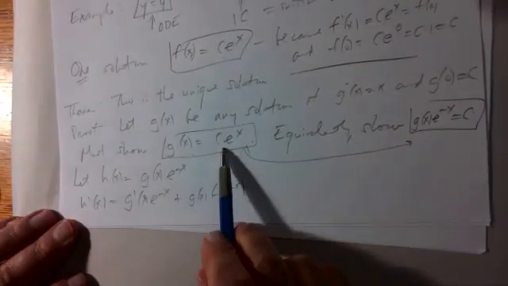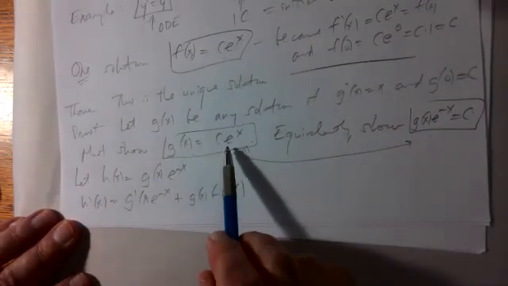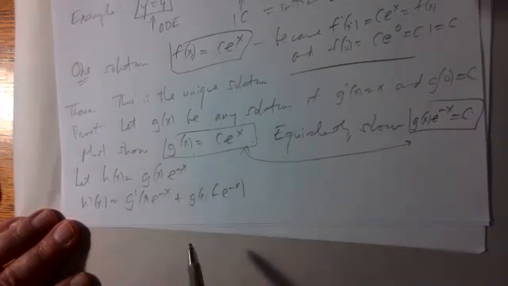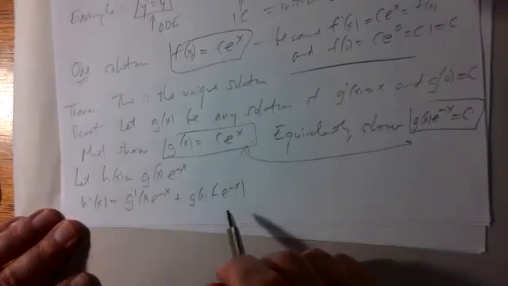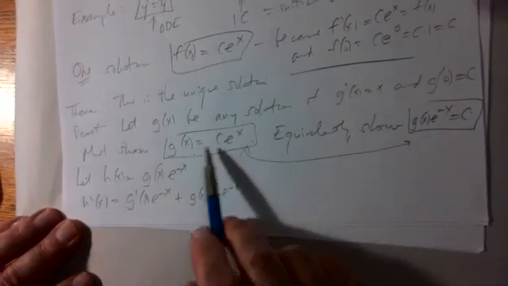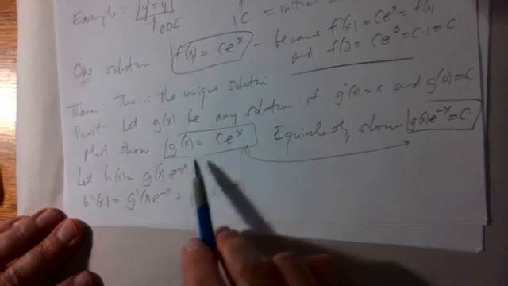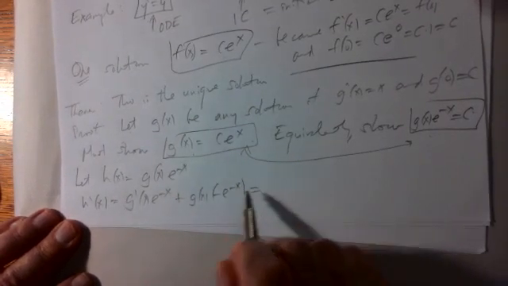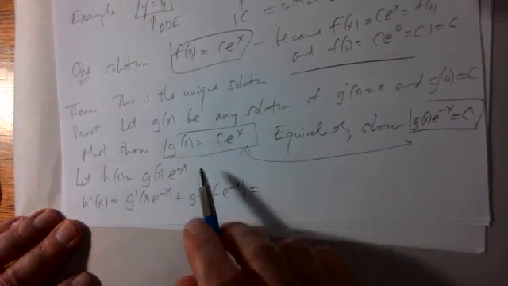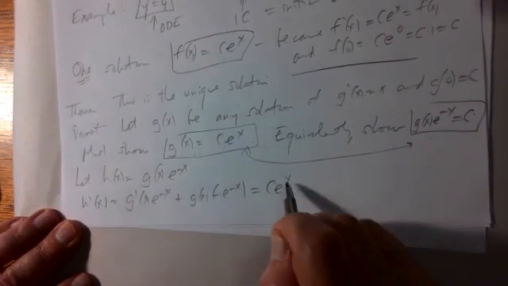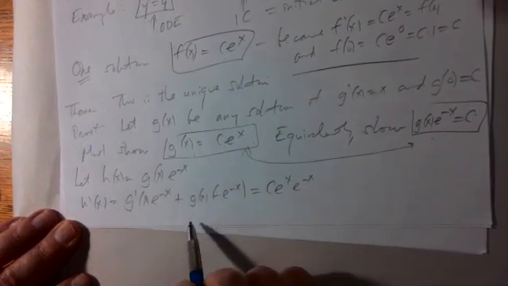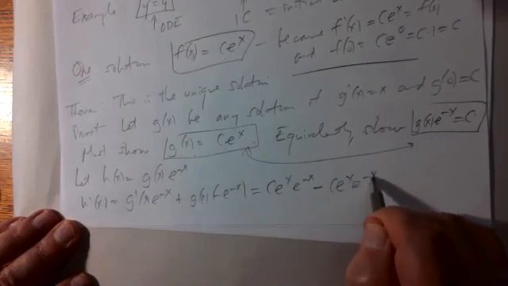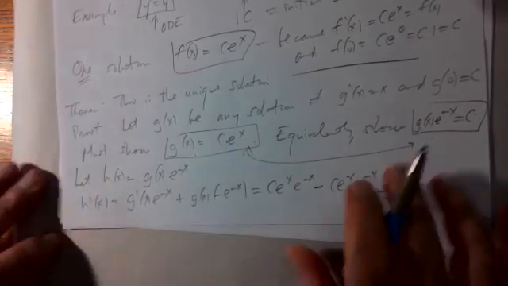But g prime of x, what is that? g prime of x is g of x. So this is g of x e to the minus x minus g of x e to the minus x, and we get 0.